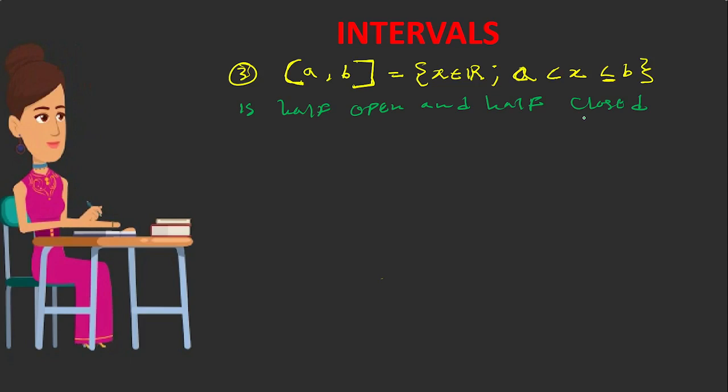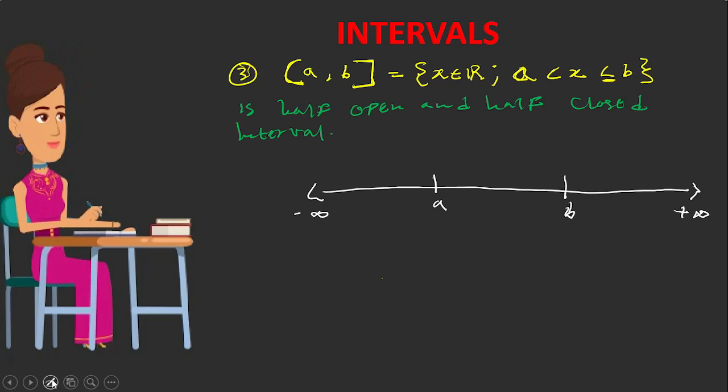So when using a number line, this is how you're going to show it. Since it's real numbers, you're going to say negative infinity, and then that side positive infinity, and then you can put block A and then block B. Then the next thing that you need to look at are the shading.